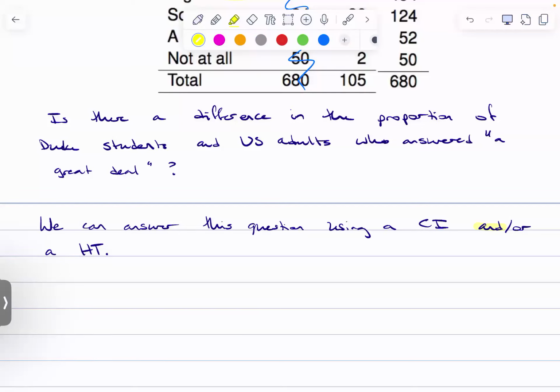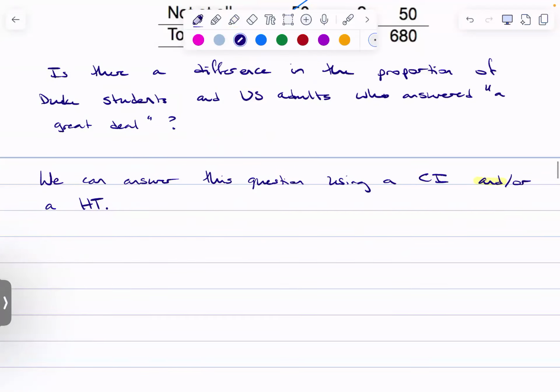Let's do both for practice. Should we get those pesky assumptions out of the way? So we can just move on and actually do the problem.